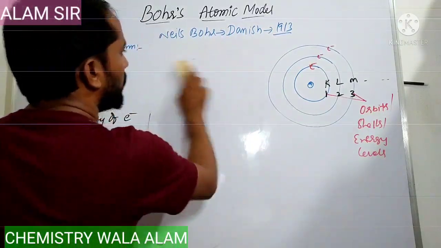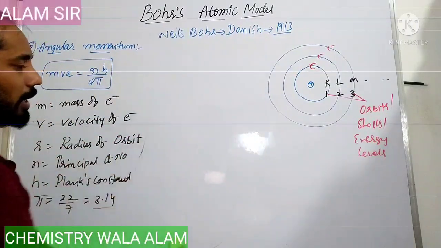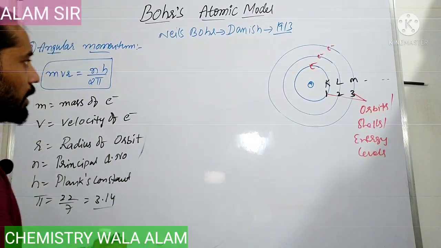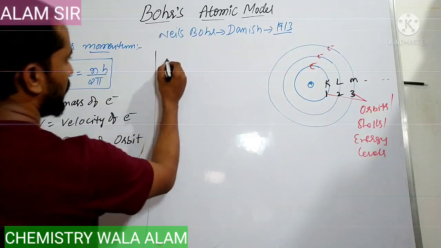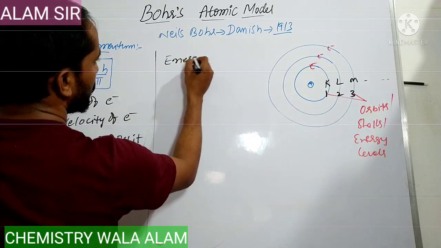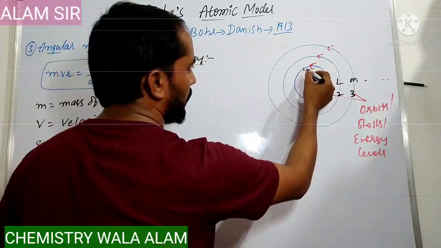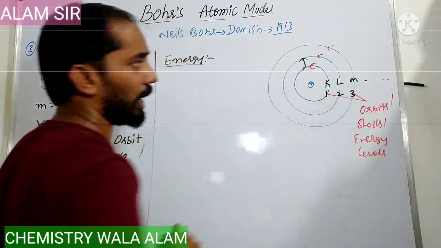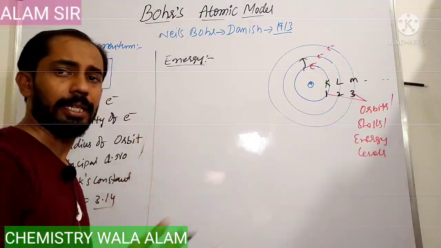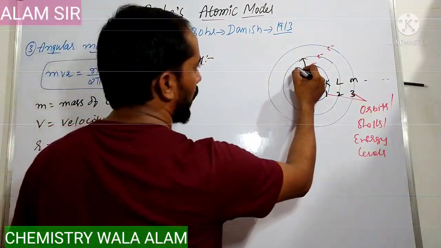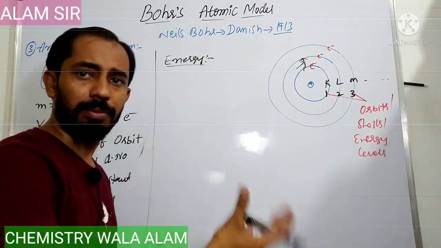Next, the fourth point, he explained about the energy changes. When an electron present in the first orbit wants to go to a higher energy level, that means the second energy level, it must absorb energy.